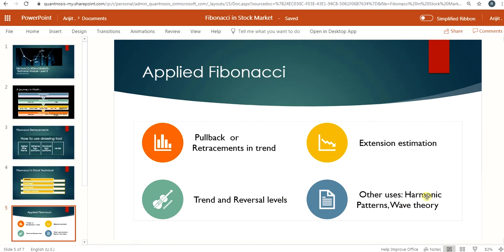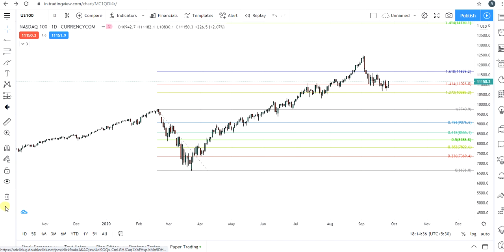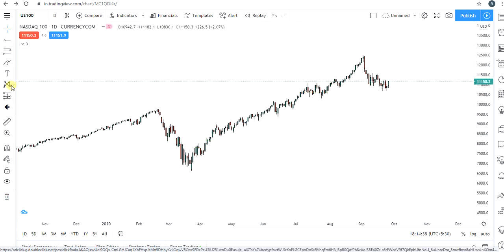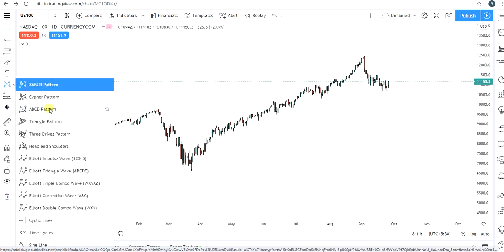Now the other uses are a little bit advanced, with different types of patterns in harmonic theory or wave theory. Those who are already familiar, if you see here, you can draw the XABCD pattern, ABCD pattern.